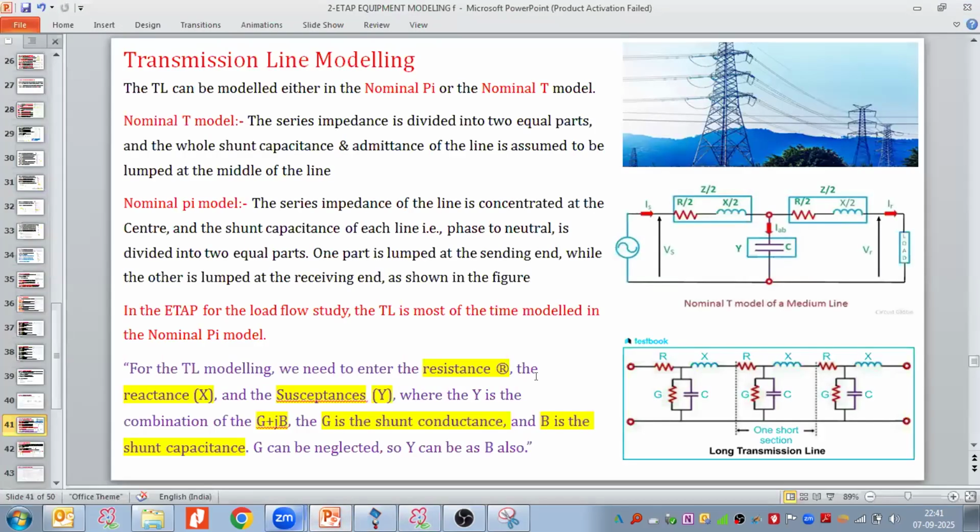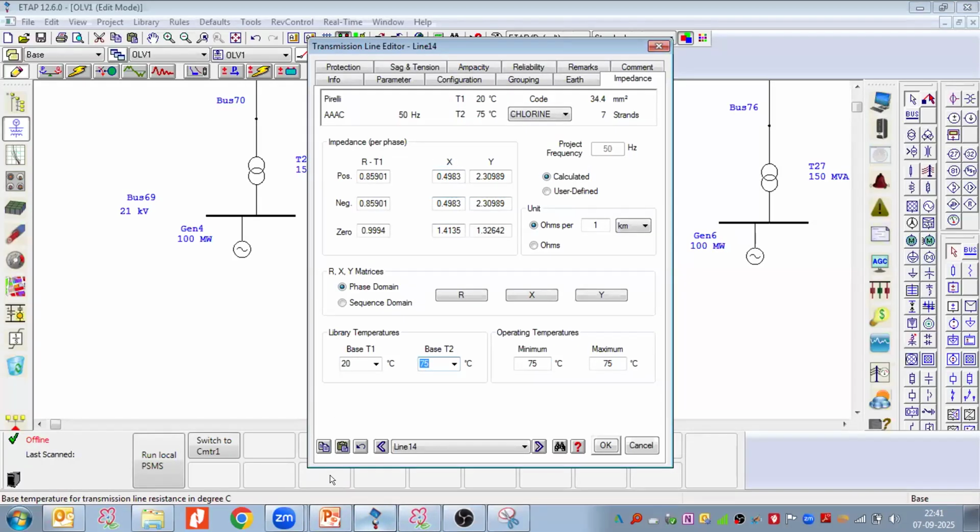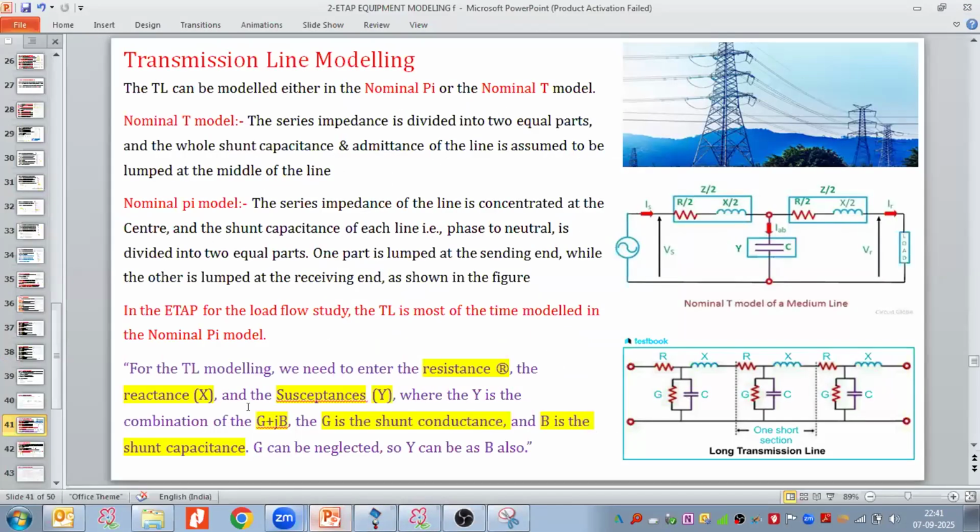After resistance, we have to enter the reactance value, X, in ETAP, and the susceptance Y, where Y is the combination of G and jB, where G is the shunt conductance and B is the shunt capacitance.